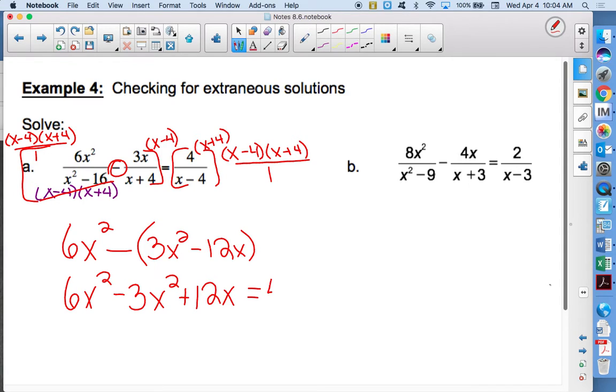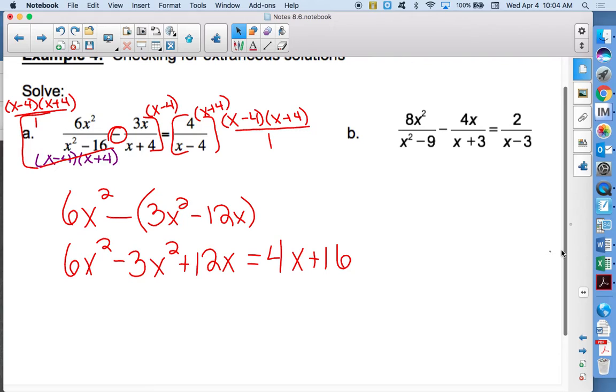So that means we have 4x plus 16. So you should not have a denominator left because you're multiplying the whole thing by this least common denominator. It's canceling out the denominator for you since you're using it on the left and the right side of the equation. So after you're done, there should be no fractions in the problem once you're multiplying by that least common denominator. Are there questions about how to get to this part?